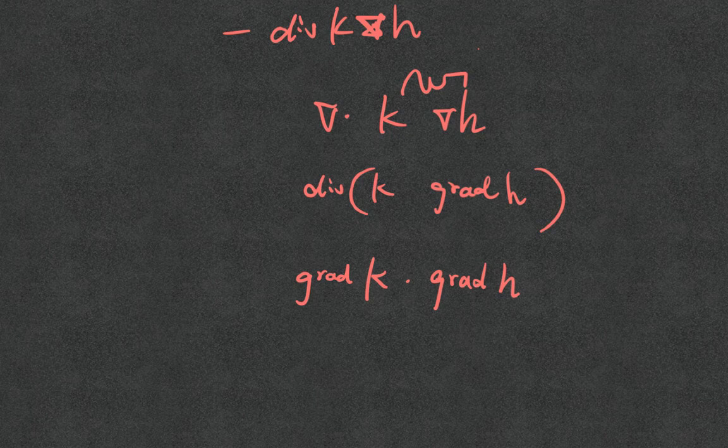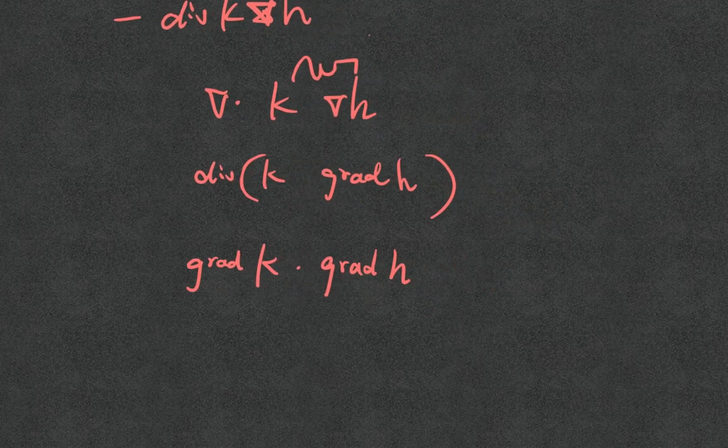What is the second term I need to do? K Laplacian H, but K is a second order tensor. It's a matrix, right? Laplacian H is a scalar, so it won't work.